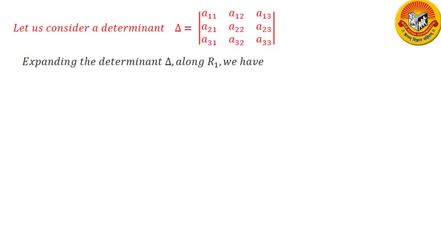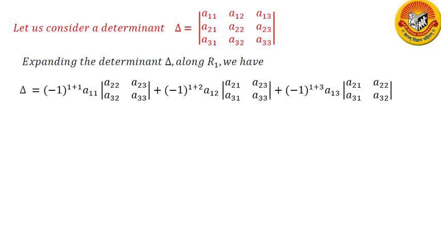Let us consider the determinant again. We have already understood how we calculate the determinant of order 3 by 3. So let us expand this determinant along the first row. When we expand along row 1, R1, I get delta equal to minus 1 power 1 plus 1 into A11 into the determinant obtained by deleting this first row and first column.